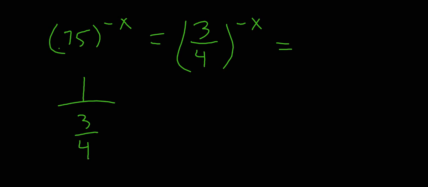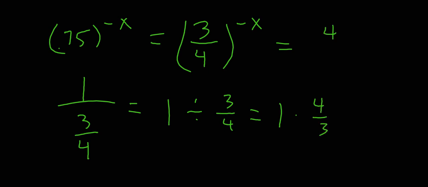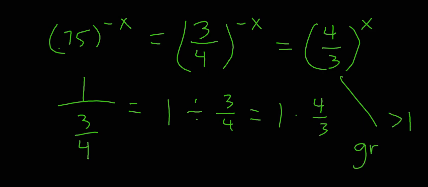Back in middle school, we said that 1 divided by a fraction is the same thing as 1 times the reciprocal. So we would just have 4/3 to the x. And is 4/3 greater than 1 or smaller than 1? That's greater than 1, so I know this is exponential growth. So it is true that you could write 1 over 0.75, but since it's such a nice number, you might as well change it to a fraction and then flip it yourself.